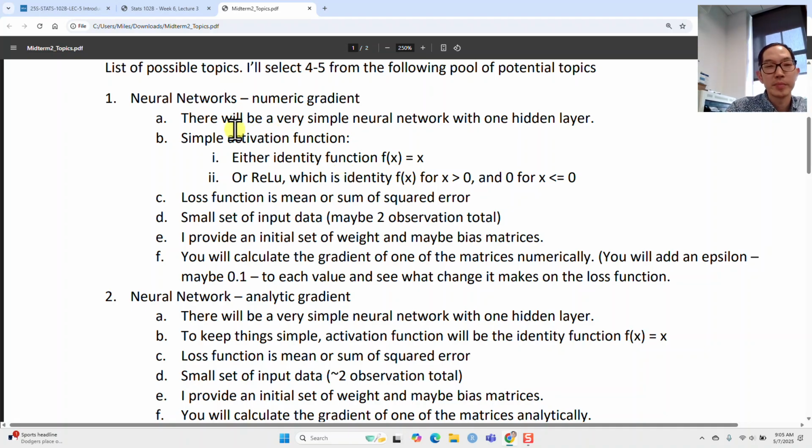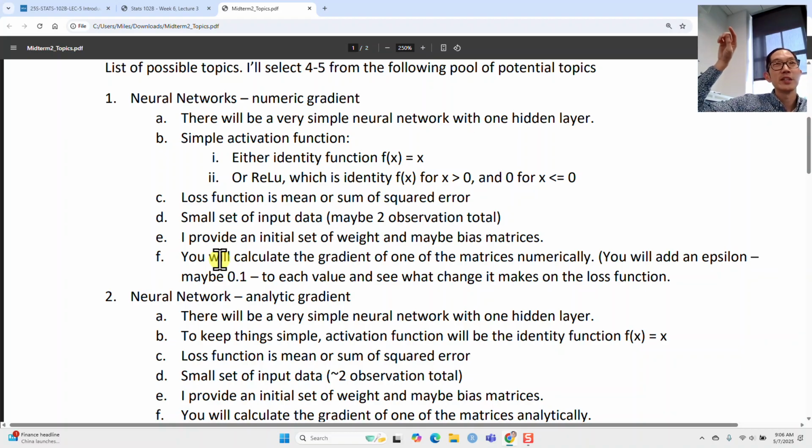A common mistake is that students will add 0.1 to all of the terms in the matrix at the same time, and that is not correct, right? When you wrote it in your code, and if you got it right, if it matched the analytic gradient, the way you did it was you added your epsilon to the first term, saw how it changed the output and the loss function, and that gave you the partial for that first term.